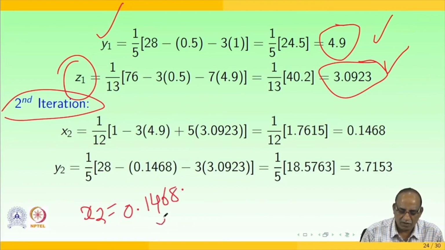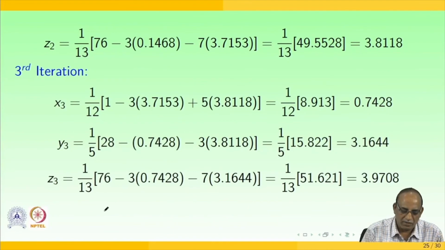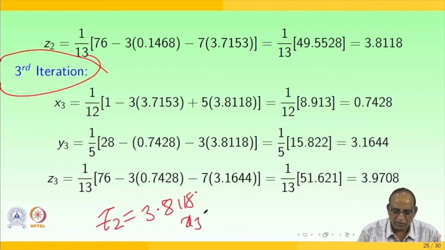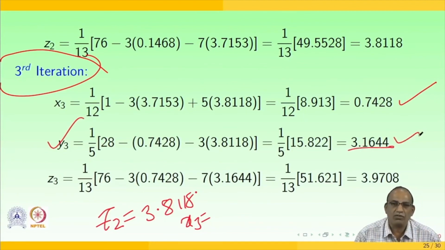your x2 will be 0.1468, your y2 will be 3.7153 and z2 is 3.8118. When you come to the third iteration, you do get x3 equal to 0.7428, y3 is 3.1644 and z3 is 3.9708.